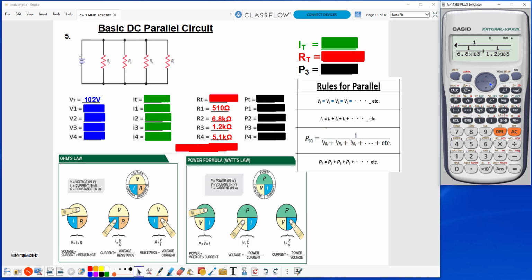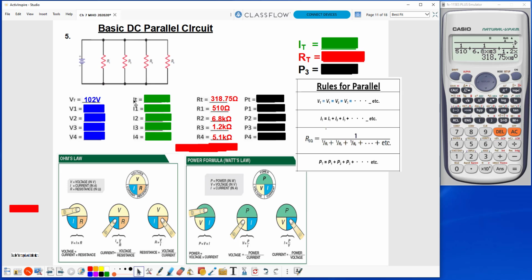Alright. Scroll over, hit plus, hit 1, hit over under. Put in the 5.1 times 10 to the third equals 318.75 ohms. So my RT is 318.75.